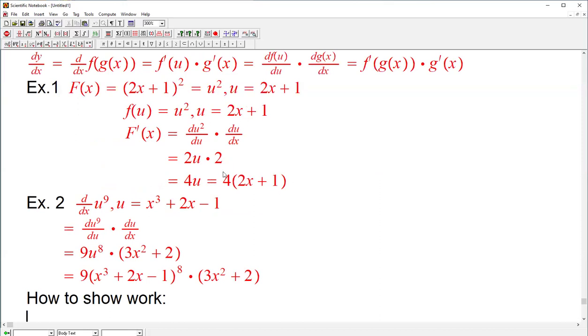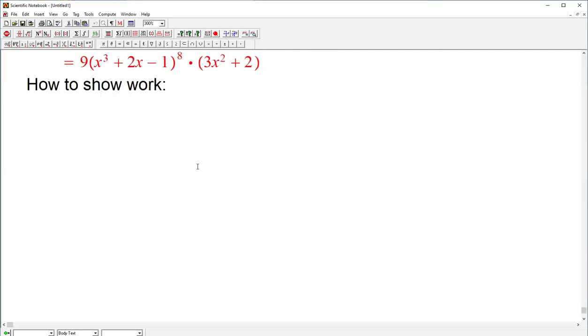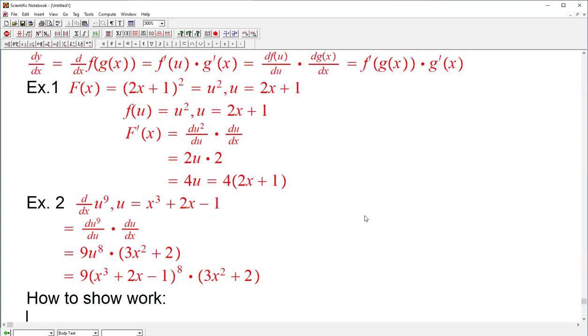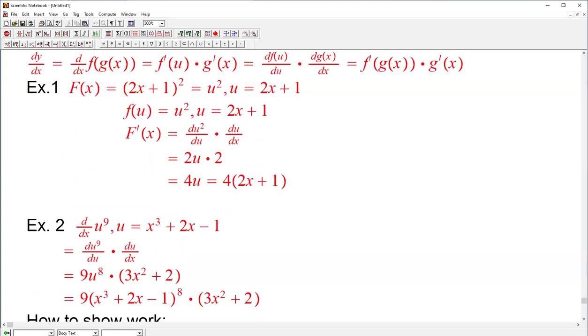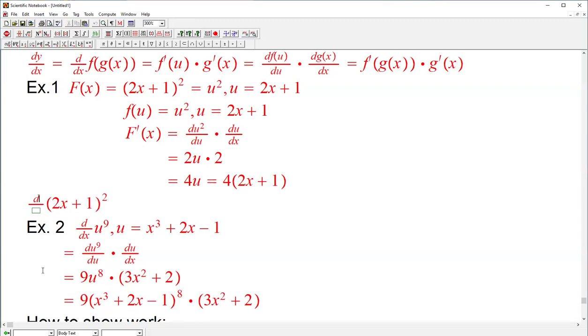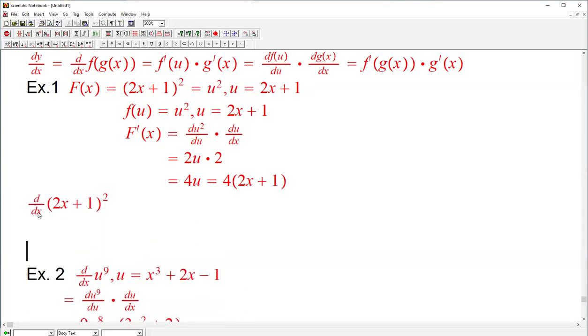If you understand the whole process, typically when showing work, you can show the reader that you use u, or you don't have to. For example, when I take a derivative of this piece, this is when the notation is helpful. This is also why the derivative notation is preferred, because we're taking the derivative with respect to x, not with respect to u, and u is just an intermediate variable.